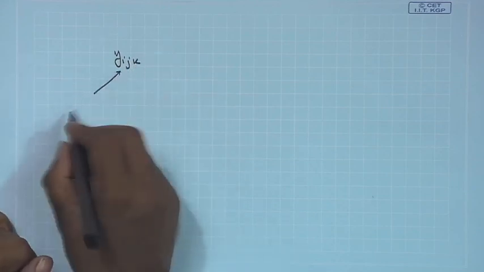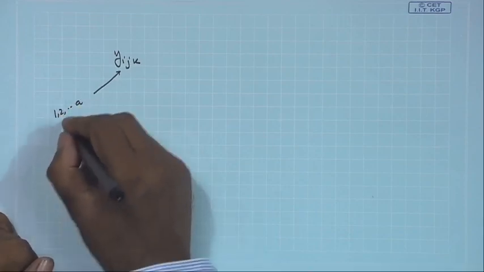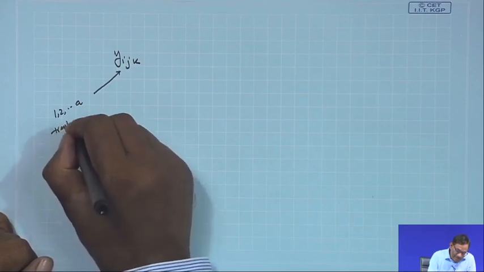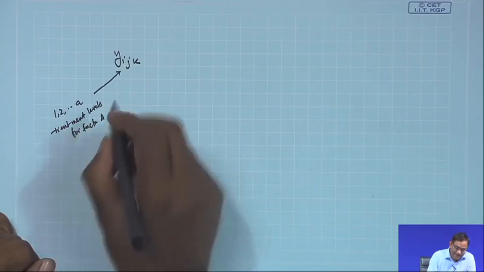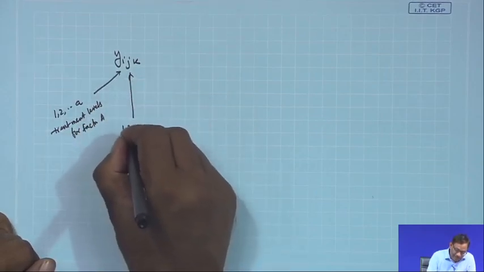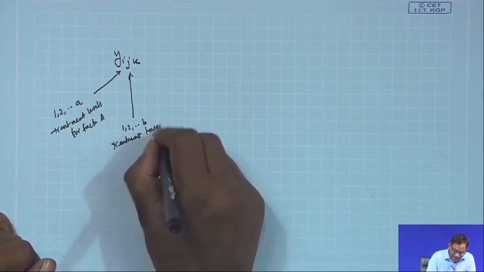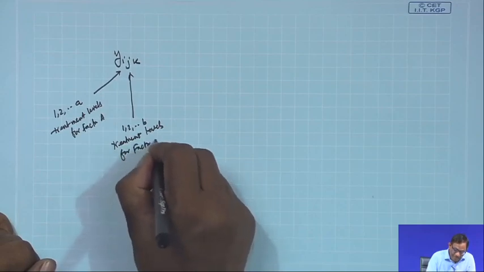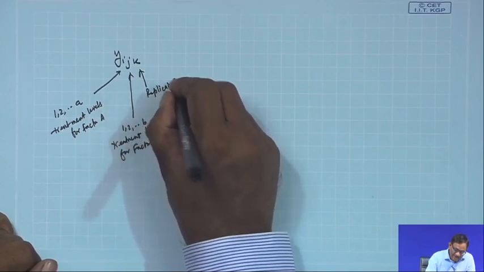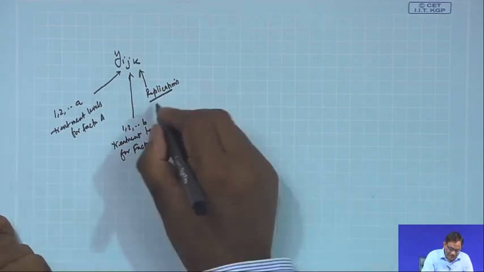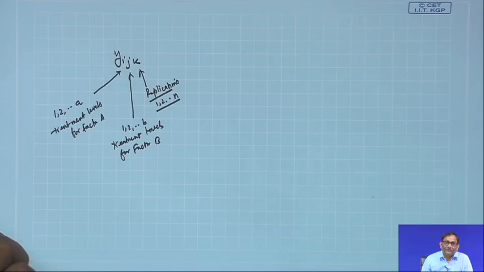So, i stands for 1 to a, that means the treatment level for factor A. j stands for 1 to b, the treatment levels for factor B. k is replications, so it will be 1 to n, the number of replications.